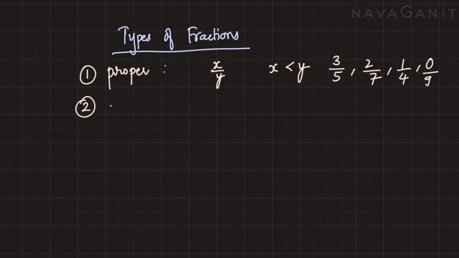Secondly, we have improper fractions. And in this case, our x, that is a numerator, is greater than or equal to the denominator, that is y.